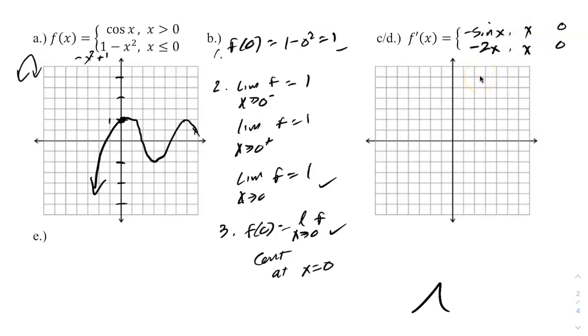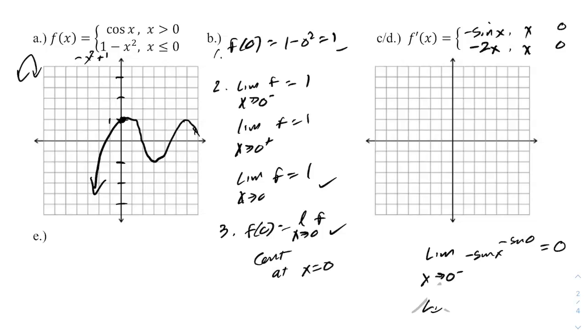The way you do it mathematically is you take the limit at both sides. The limit as x approaches 0 from the left of negative sine of x: I get negative sine of 0, which is 0.